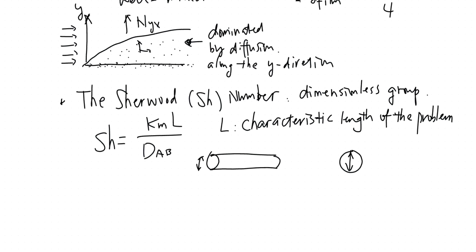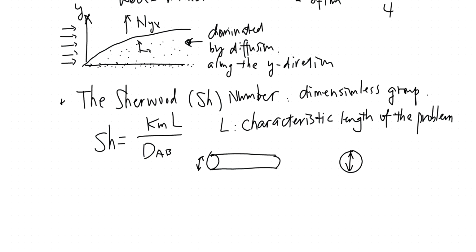And then you ask yourself, in what scenario is this mass transfer coefficient used? It is used when you have convective transport from a plate to the bulk region. It is a proportionality coefficient that tells you how the flux is related to the concentration difference.